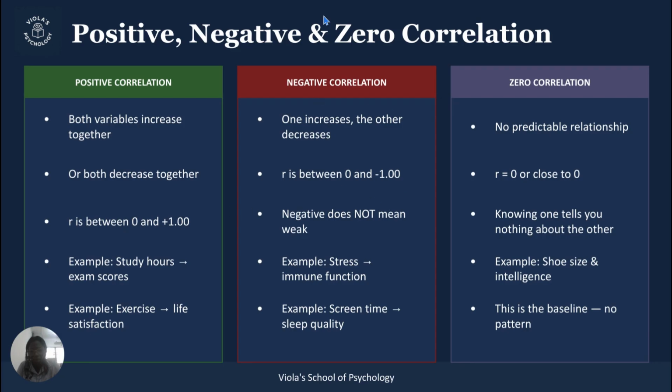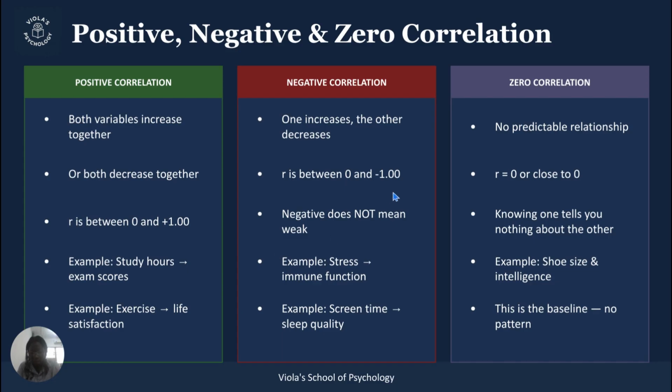And we have the negative correlation, where one variable goes up as the other goes down. Something like more stress links with lower immune function, or more screen time is related to less sleep quality. R in this case is between 0 and minus 1.00.